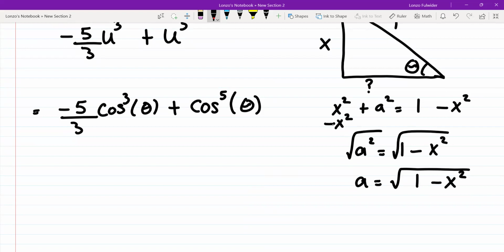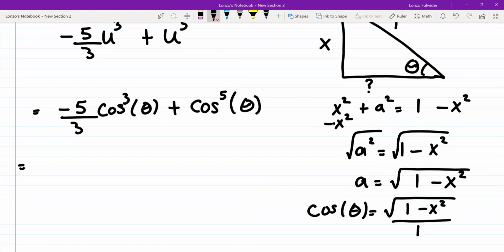Okay, so my cosine theta is adjacent over hypotenuse. My adjacent side is square root of 1 minus x squared, and my hypotenuse is 1. So now we could try figuring this out.